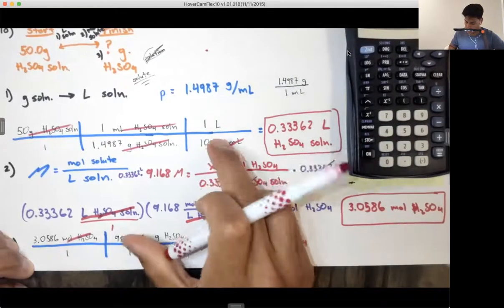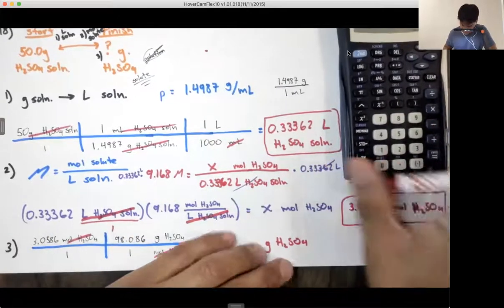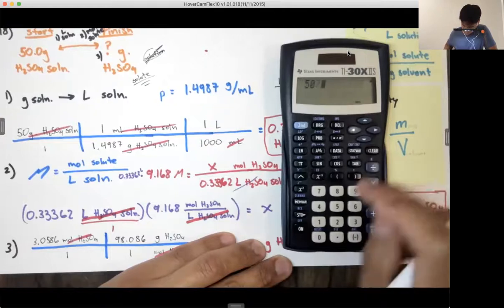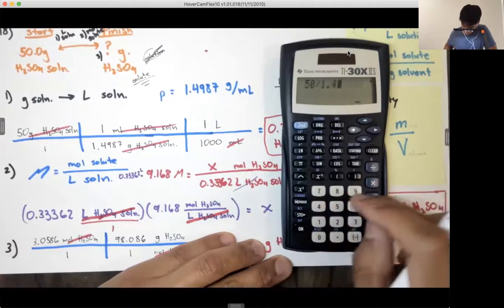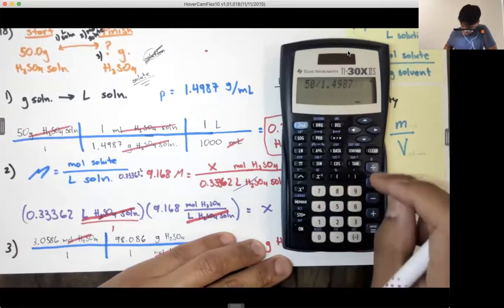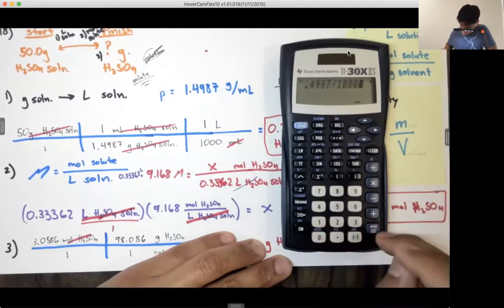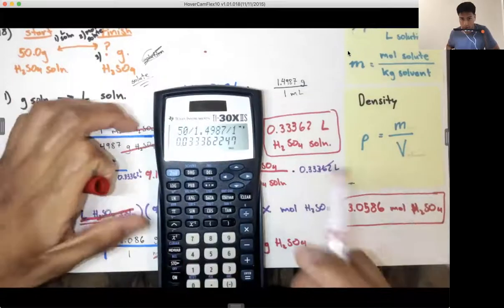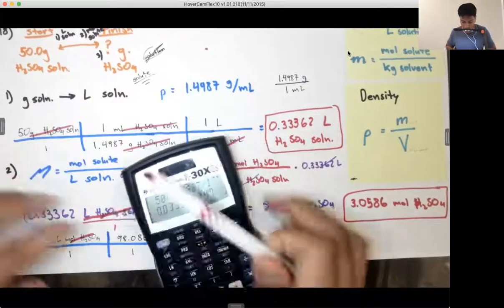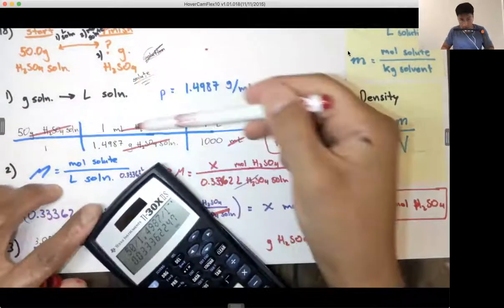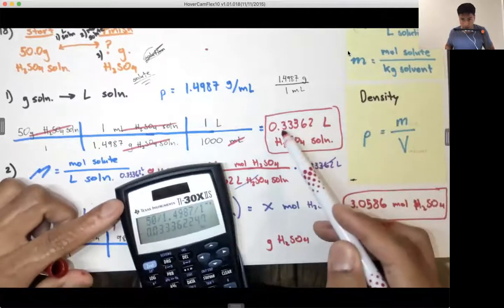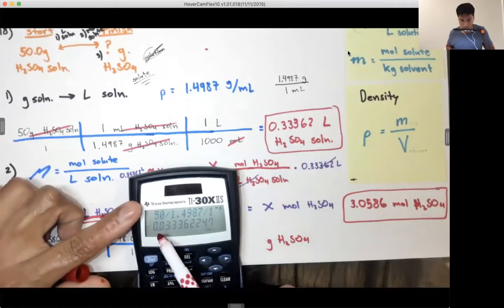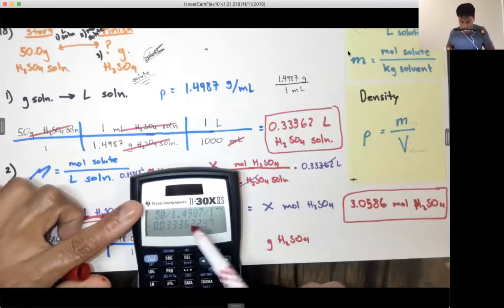Oh, I think I didn't divide by 1,000 here. Sorry, let me just double check this really fast. And there we go, that's the problem. When I did this operation here, I got 0.3362, but the actual answer was 0.03362.